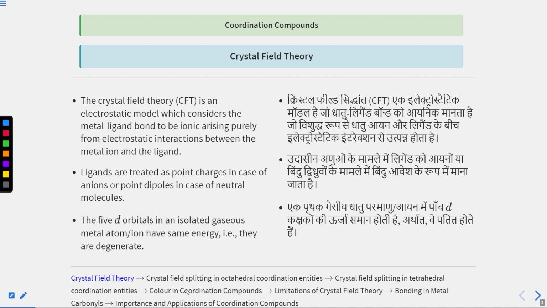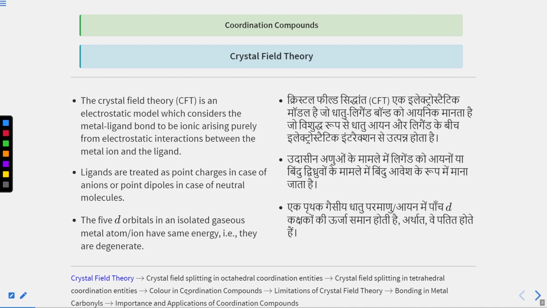We have ligands, which can be anionic and neutral. If it is anionic, they are taken as point negative charges. In case of neutral molecules, they are taken as dipoles. What is a dipole? A dipole consists of both positive and negative charge, which are separated by some distance.